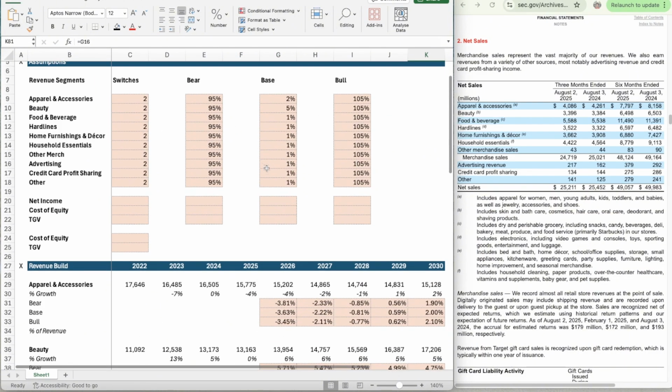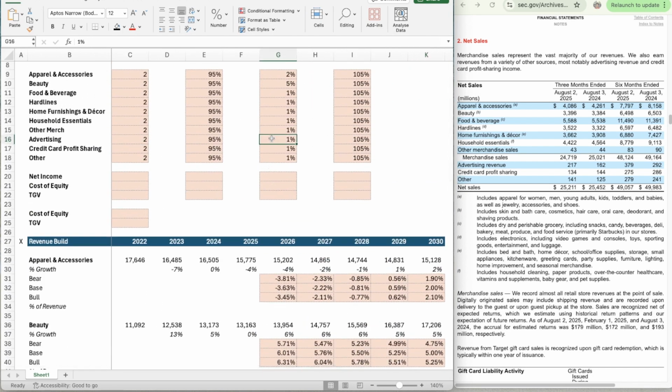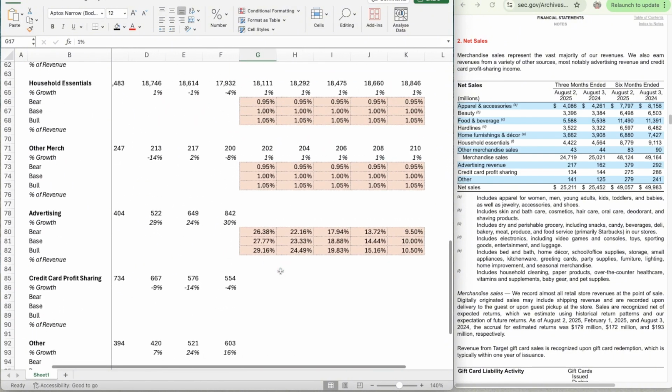Let's just put that down to 10. What is this, advertising? Yeah, advertising. Let's say this eventually goes to 10% per year. Okay.